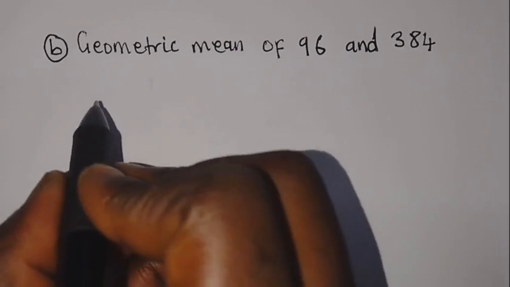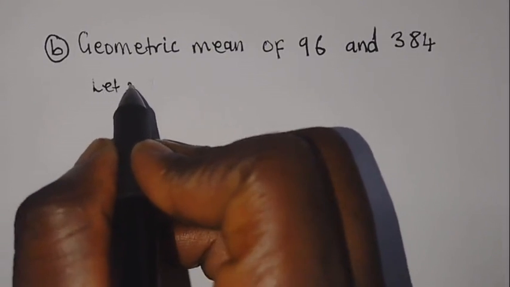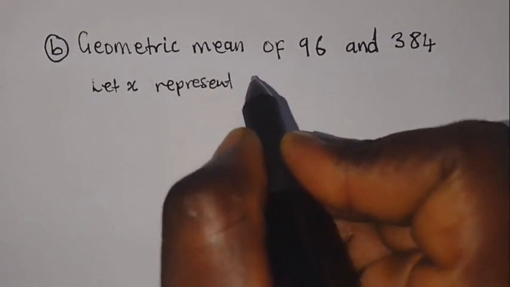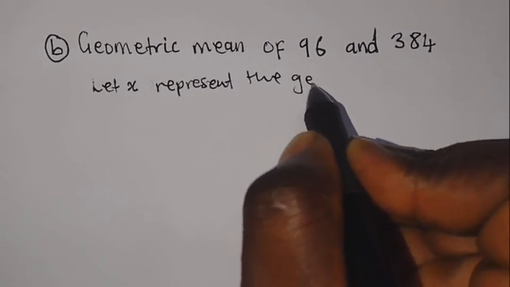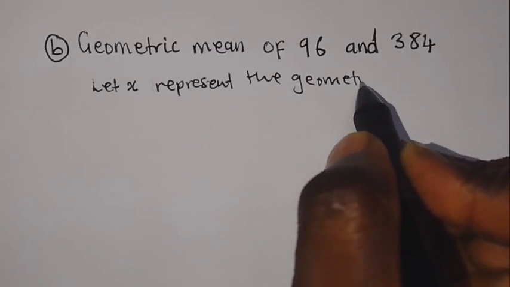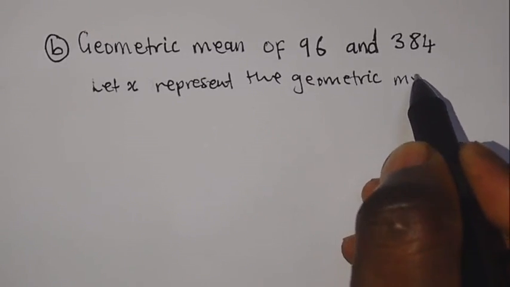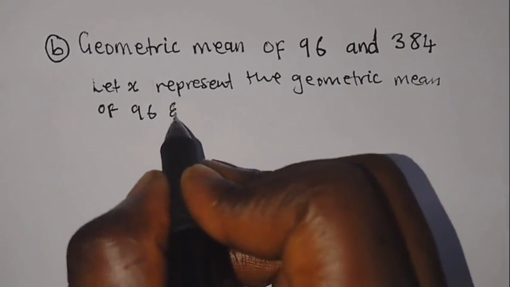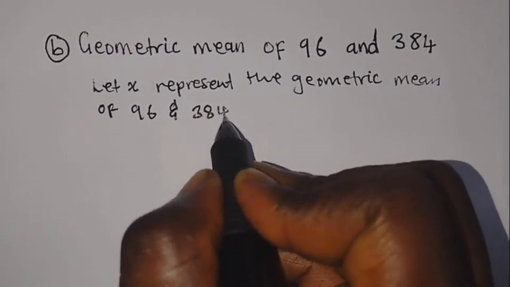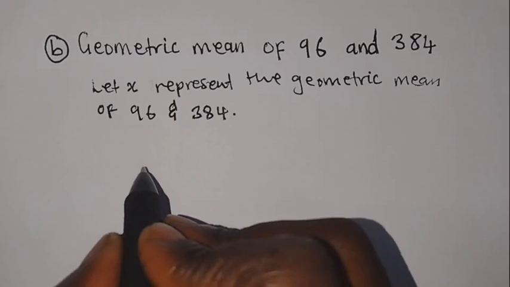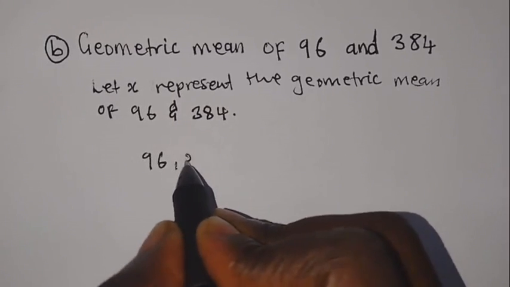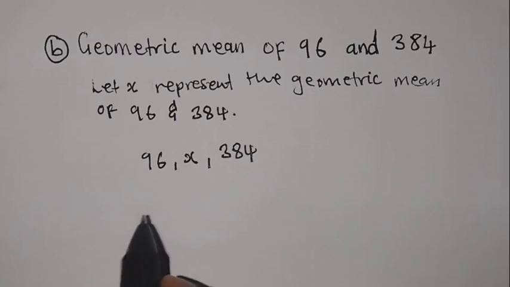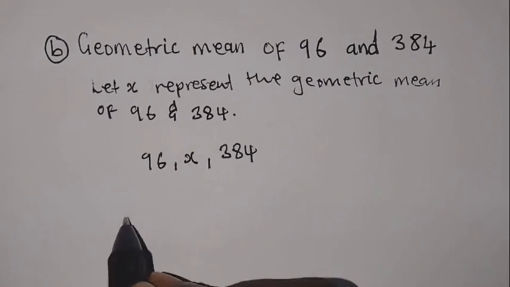Here we are going to say let x represent the geometric mean of 96 and 384. Once you do this, you write 96, x, 384.